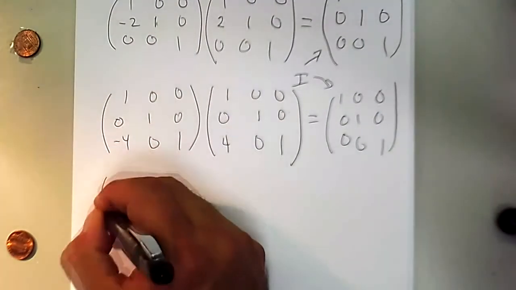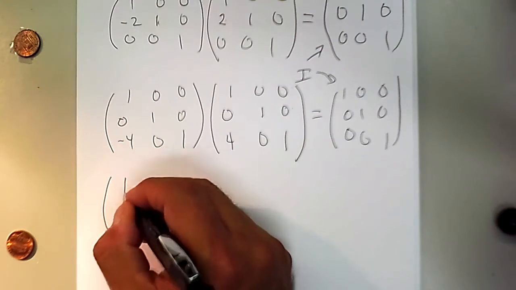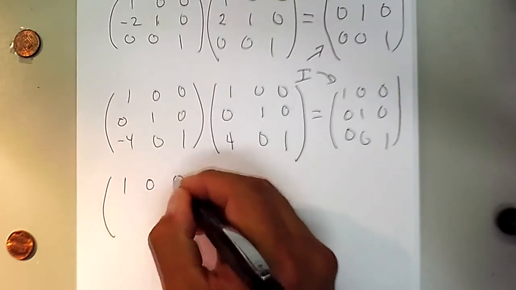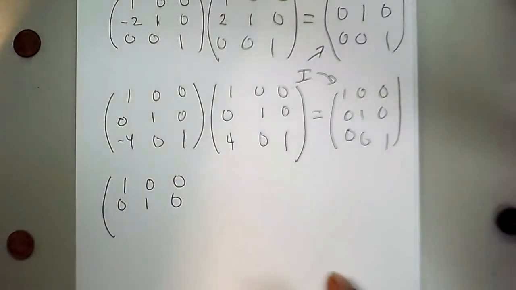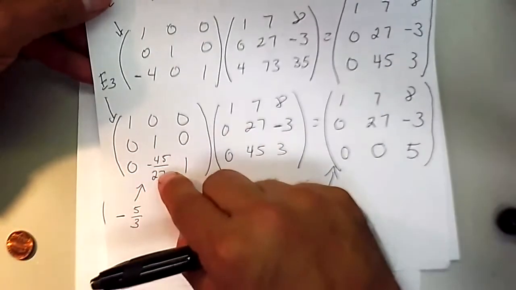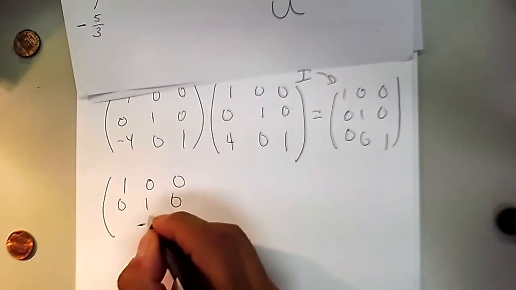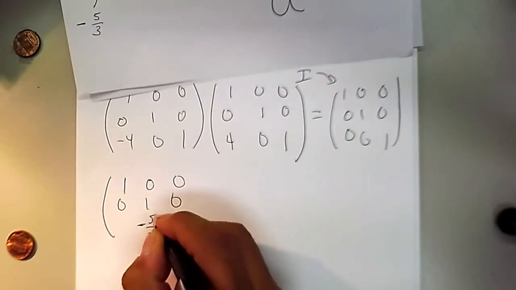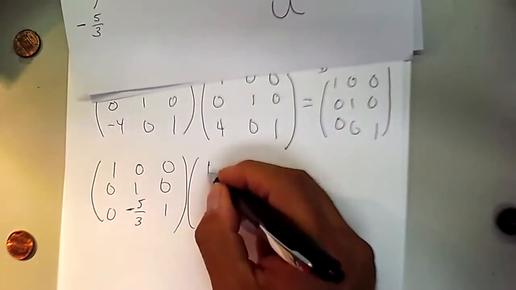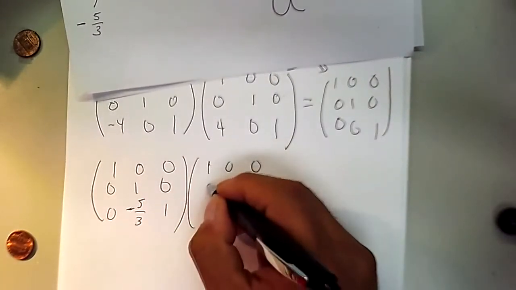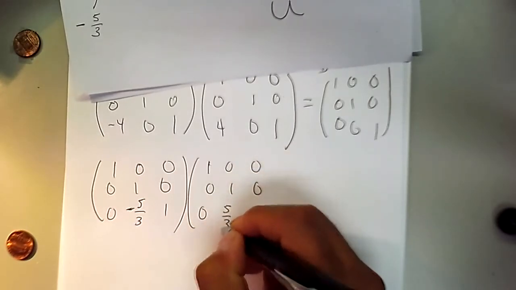And then we think of E3. What was E3? Oh, it's in here. E3 is the one that has negative 5/3 here. If you had to guess what the inverse will be, 0, 5/3, 1.